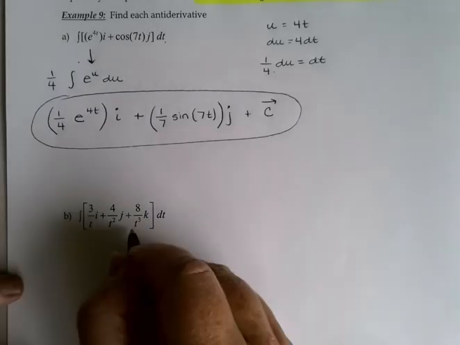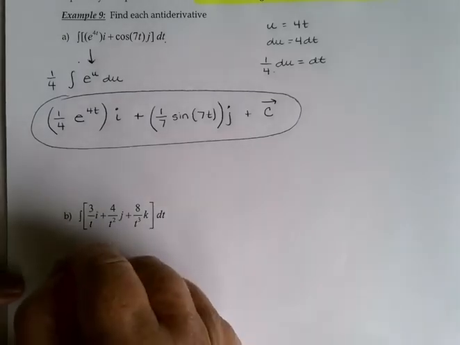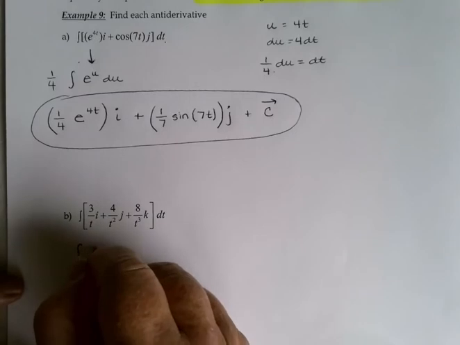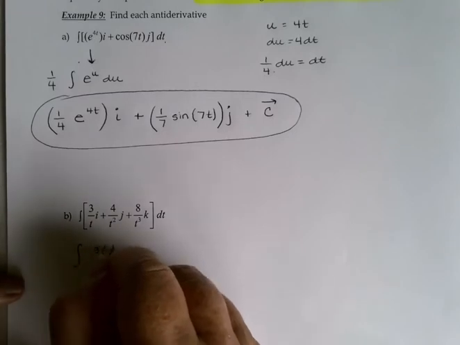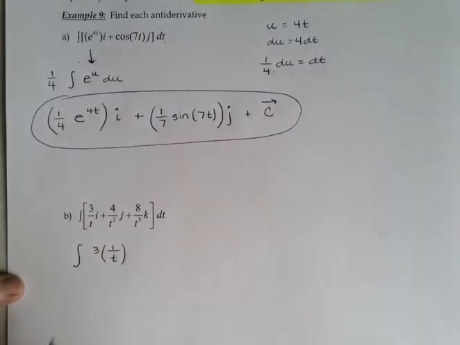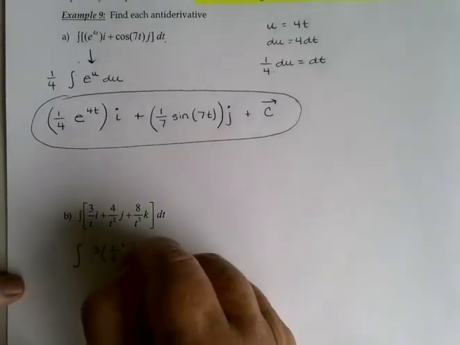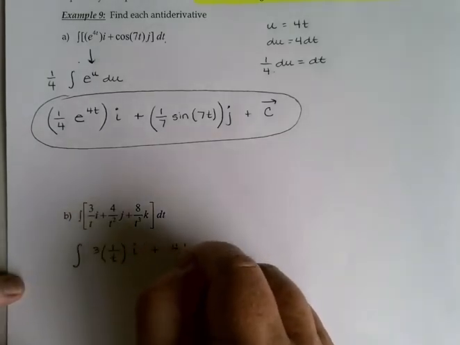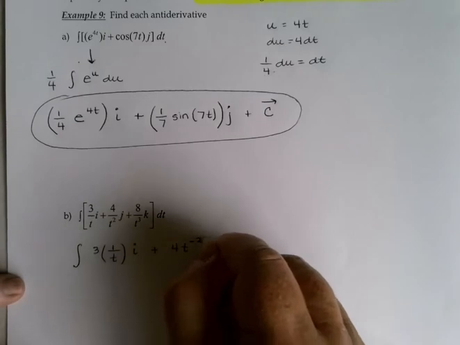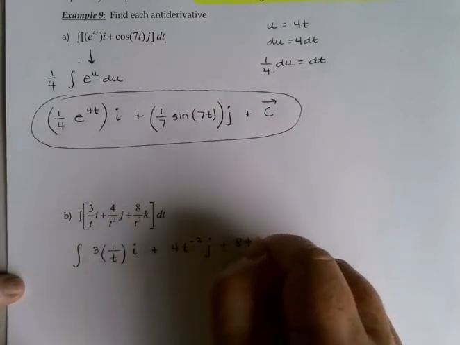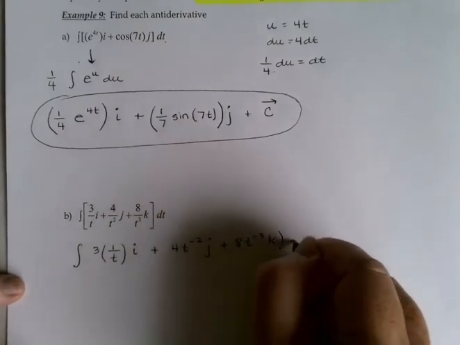Let's do another one. I'm going to rewrite this one. That's 3 times 1 over t. Most of us recognize 1 over t as the natural log, is the antiderivative there. And then I'm going to write that as 4t to the negative 2 for j, and 8t to the negative 3 for k.